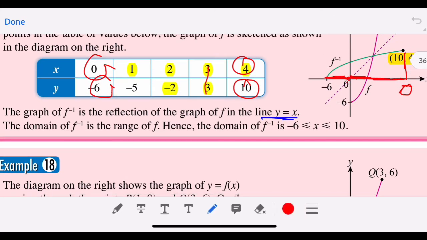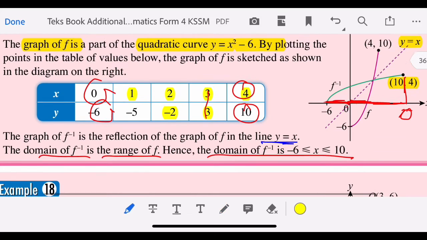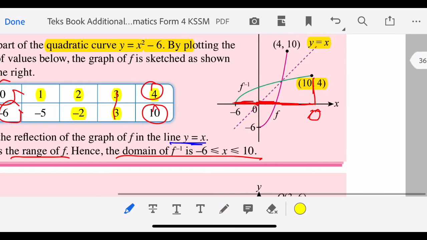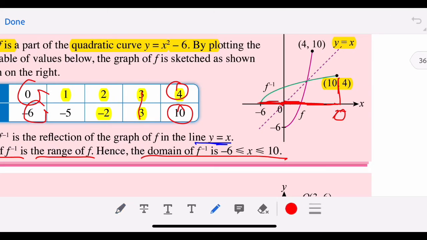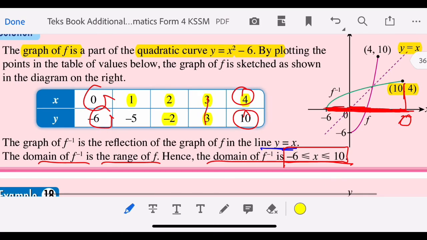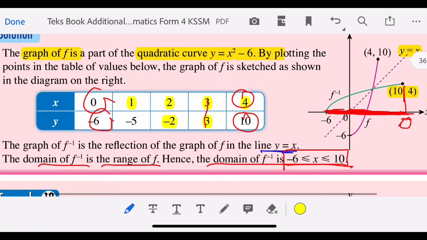The domain of the f inverse is the range of the function. Hence, the domain of the inverse is x from negative 6, inclusive, to 10. That is, x is greater than or equal to negative 6 and less than or equal to 10. That means the x is here. This is the x for the domain of the inverse. This is actually very important when we find the range of the inverse.